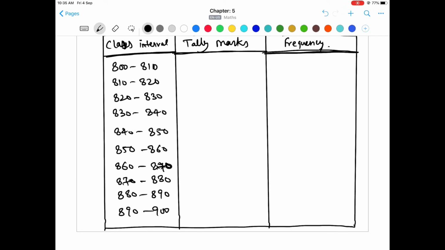So we don't have any data greater than 900, so we'll stop there.